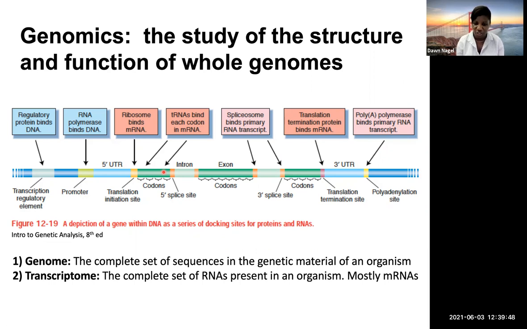You can also look at a transcriptome to look at other types of RNA, like ribosomal RNA or tRNAs or small RNAs. But most of what we study when we say we're looking at a transcriptome is really messenger RNAs, which code for the information that you need for a protein.